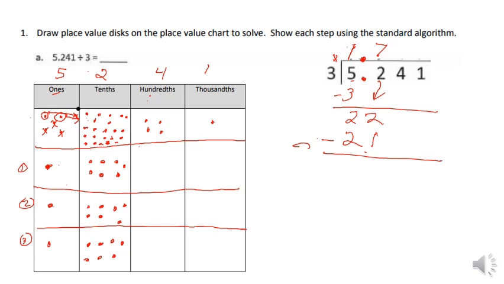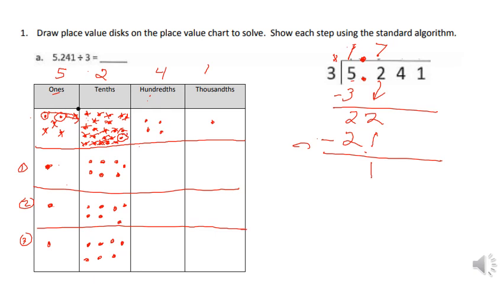Now, if I subtract all the ones I used, there's 1, 2, 3, and so on up to 20. I missed one over here, 21. Now here's the one left over right here, all by itself. As you can see, we had one left over on the standard algorithm also.